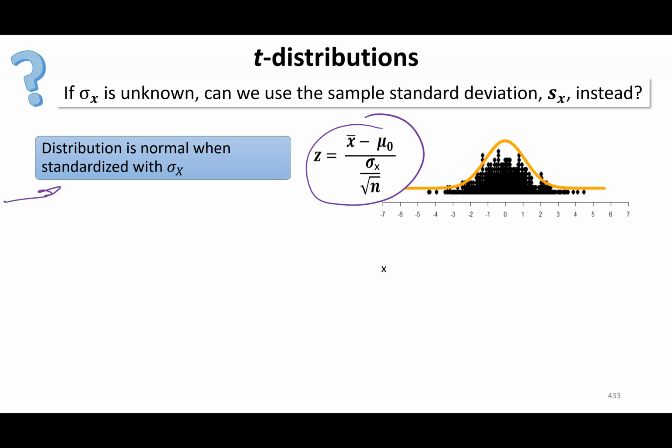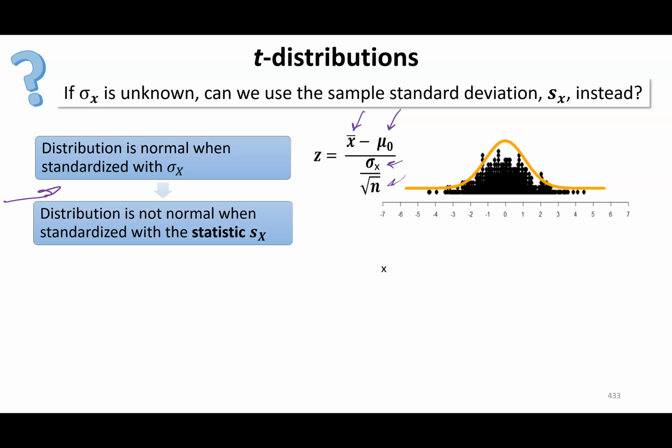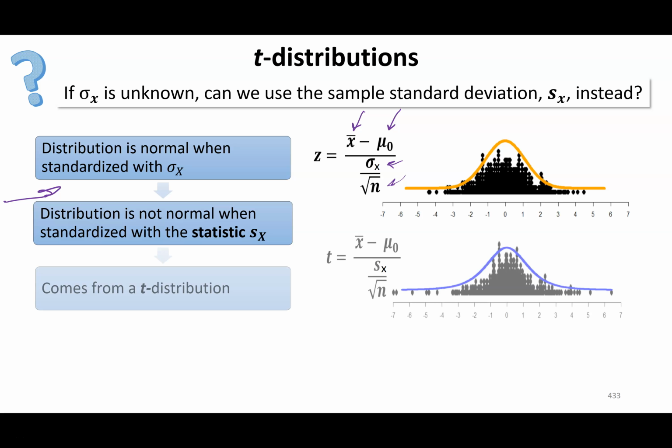So my Z statistic is what I observed minus what's claimed over sigma of x over root n. But when I don't know that, I'm going to have S of x instead of sigma. So note, this is the key thing that's changed here. All of the rest of the equation is the same, except now it's a T test statistic.